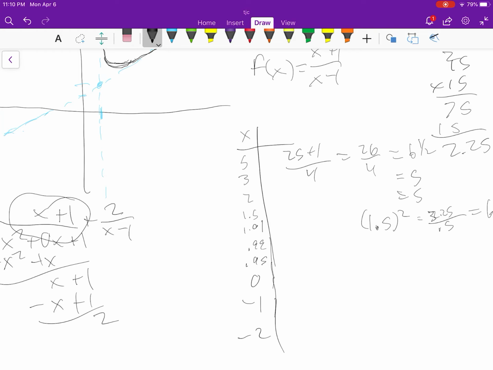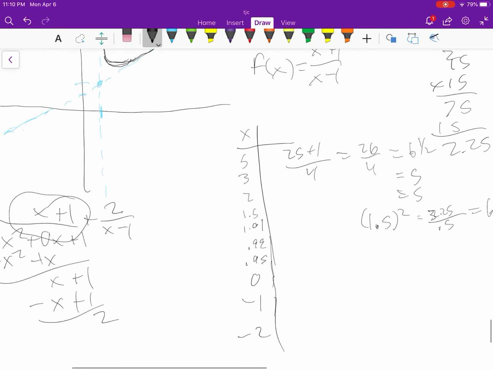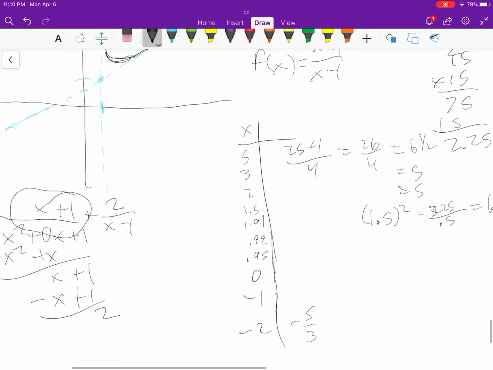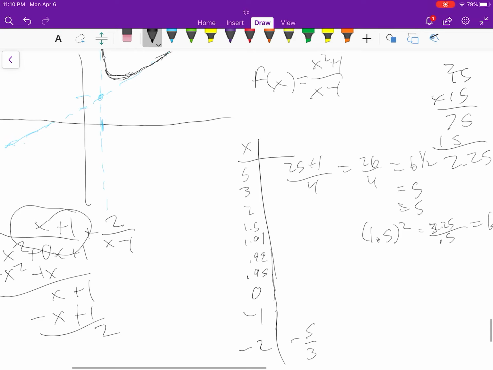Okay, now in the other area, when you plug in the negatives, so let's see negative 2. Negative 2 is going to give you 4 plus 1 over negative 3, so this will be negative 5/3. All right? And then 0 is going to give you negative 1.